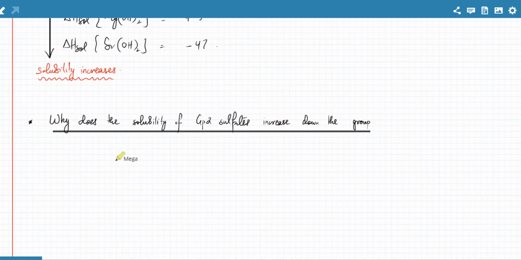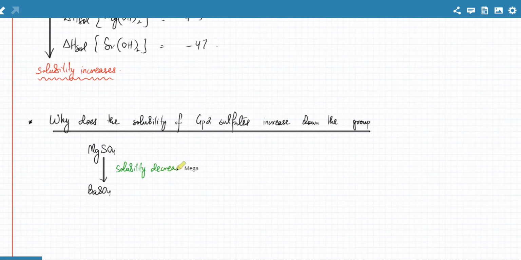So the example that we have is that we've got MgSO4, which is soluble, and right at the bottom we have BaSO4, which is quite insoluble. So when you move down the group, the solubility decreases.